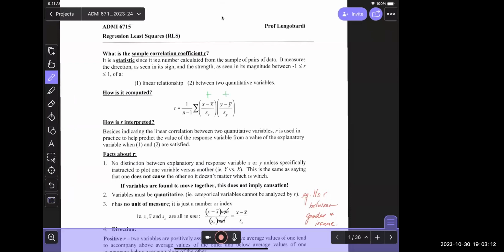And so you'll get a positive for R, because you'll be multiplying positives and then adding a bunch of positives.